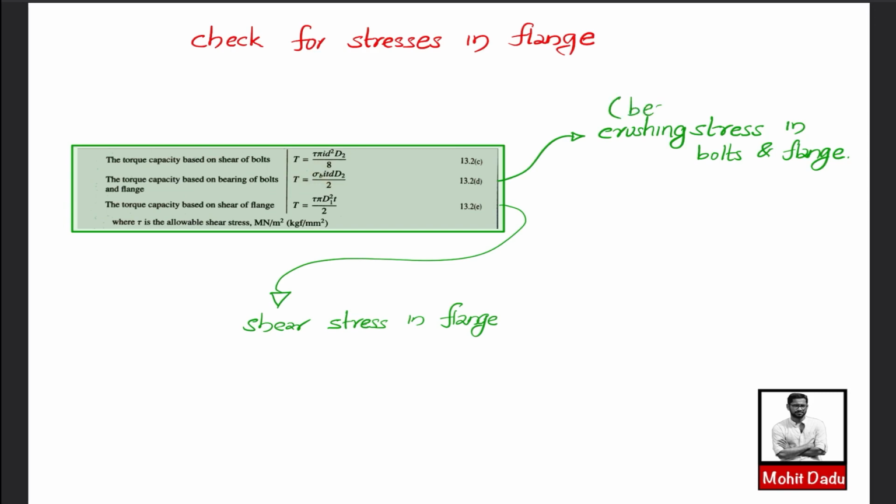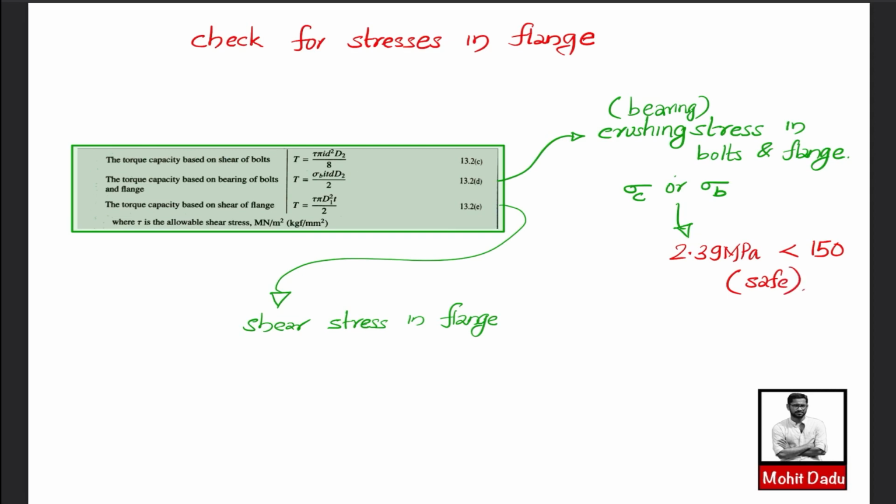So you can rearrange this equation and evaluate by substituting all the values. Then you will be getting the crushing stress as 2.39 megapascal, which is well lesser than the allowable crushing strength of this flange material, which is 150 megapascal. So this is also safe.